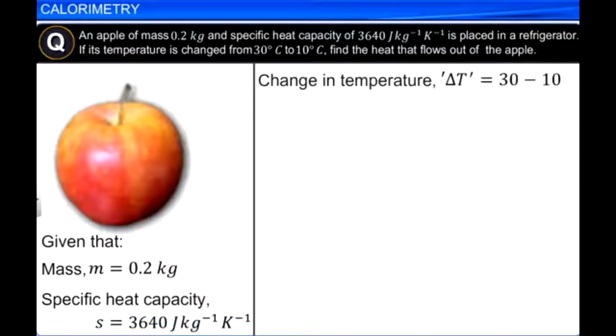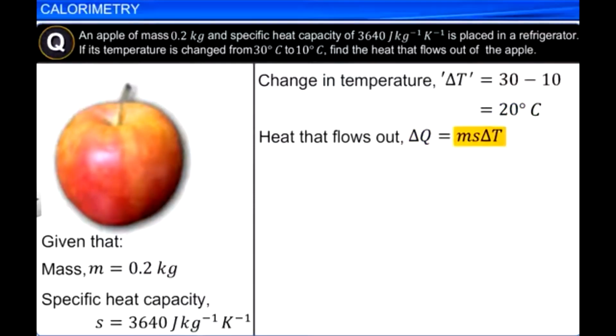Change in temperature delta T is equal to 30 minus 10, which is equal to 20 degrees Celsius. Heat that flows out, delta Q, is equal to the product of M, S and delta T. Substituting these values and calculating, we get delta Q equal to 14,560 joules.